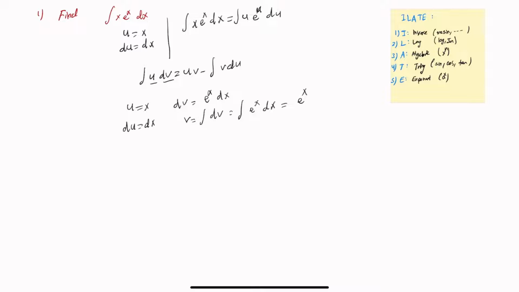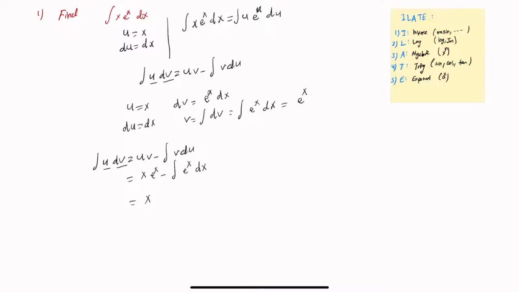Now what I'm going to do is plug all of these into the integration by parts formula. So this is going to be equal to u, which is x, times v, which is e to the x, and then minus the integral of v, which is e to the x, and du here is just dx. Now in the next step, I'm going to solve this integral.